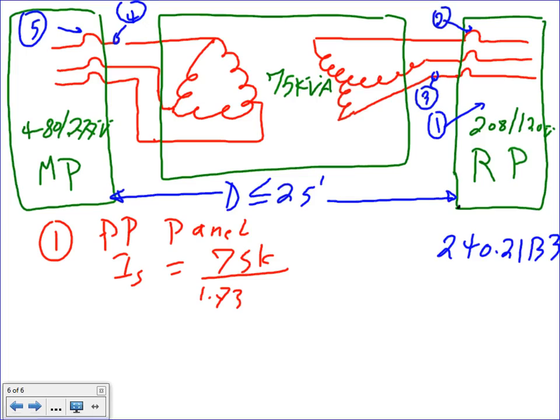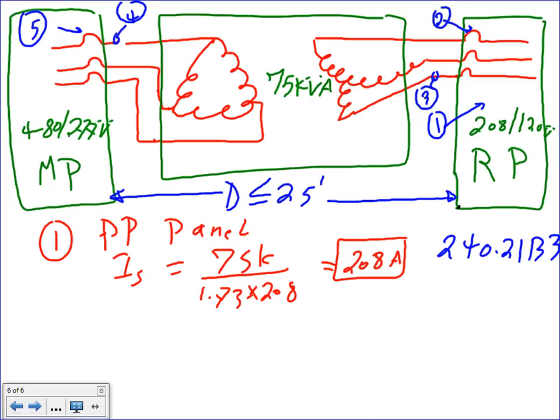What's the voltage on the secondary side? 208. Everybody knows why the voltage here is 208, because it's tied to a 208 panel. We're going to come up with 208 amp. So the transformer can only contribute up to 208 amps based on the design right now.